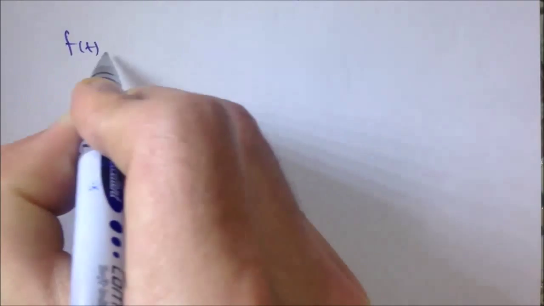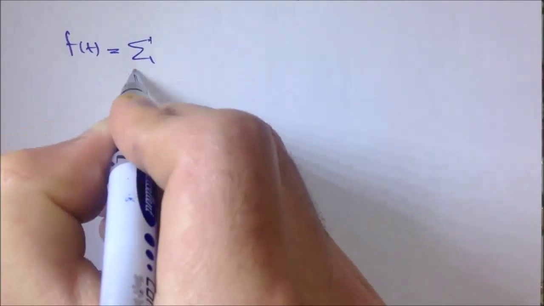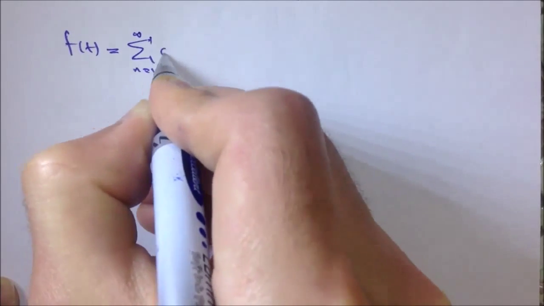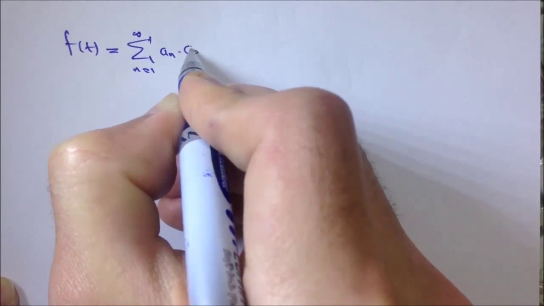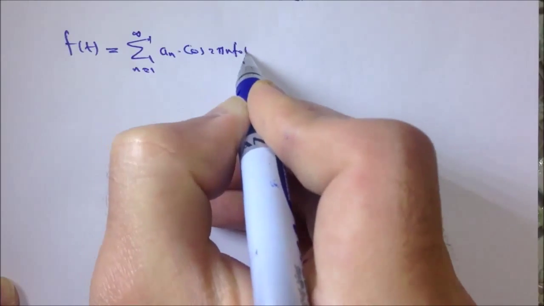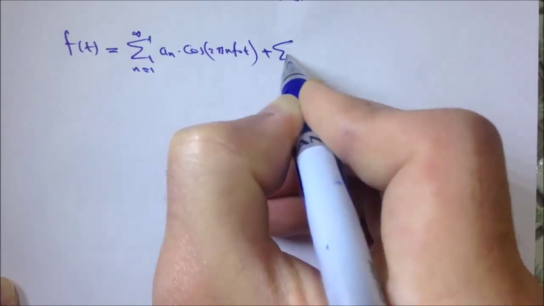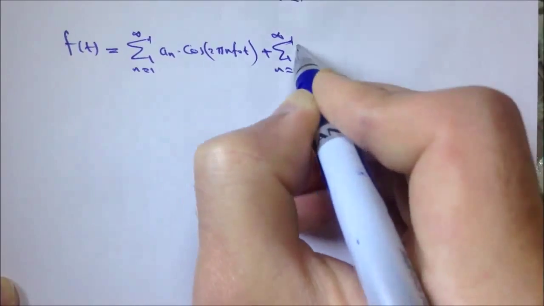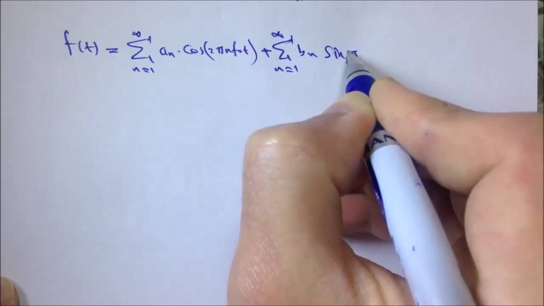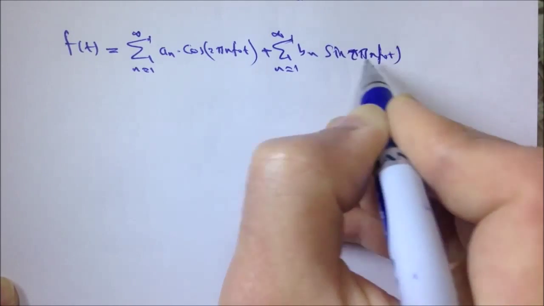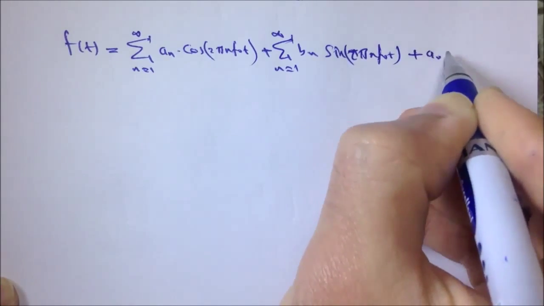Now let's move on and see how we should modify the synthesizing formula. We had earlier that f of t equals summation from n equals 1 to infinity a sub n times cosine 2 pi n f naught t plus summation from n equals 1 to infinity b sub n sine 2 pi n f naught t plus a naught.